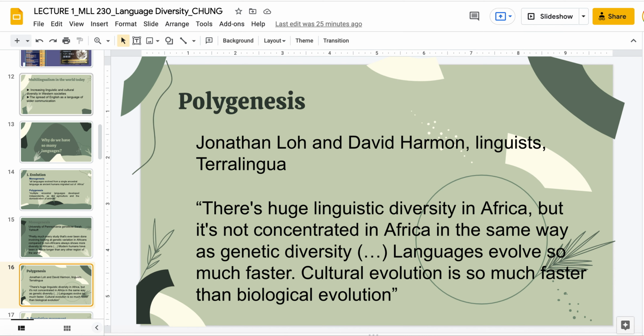Just because our genetic code was found in Africa, people born in different places can speak different codes. You can have an American baby born in China, and that baby will grow up speaking Chinese, right? So languages are a little bit more flexible than our genetic code.